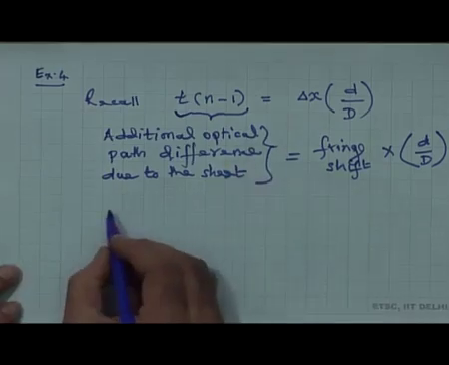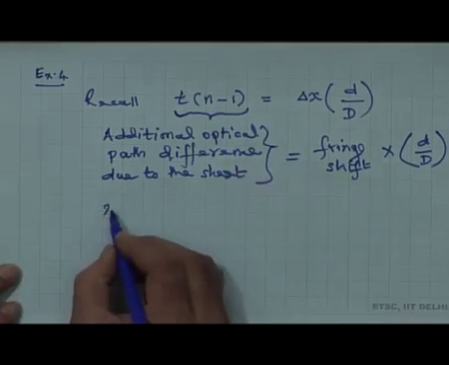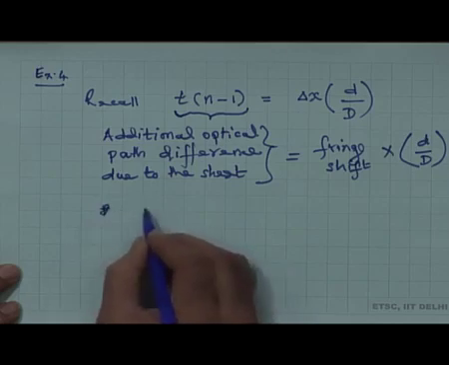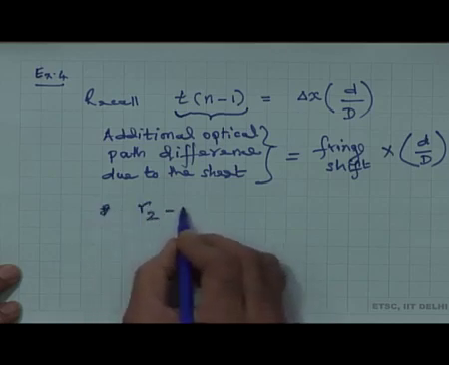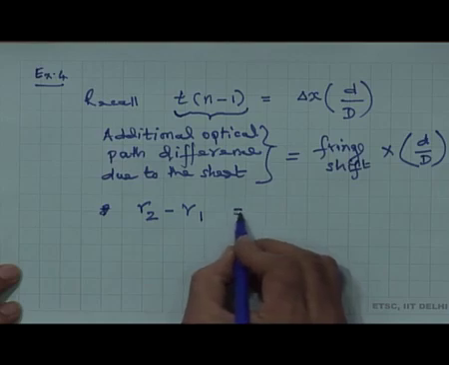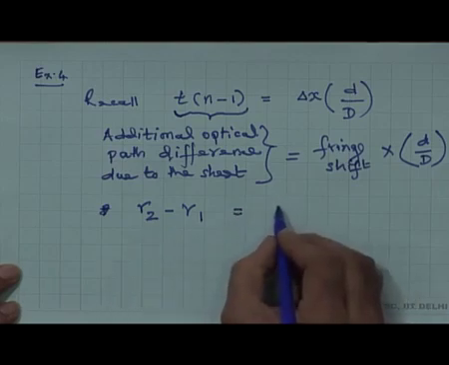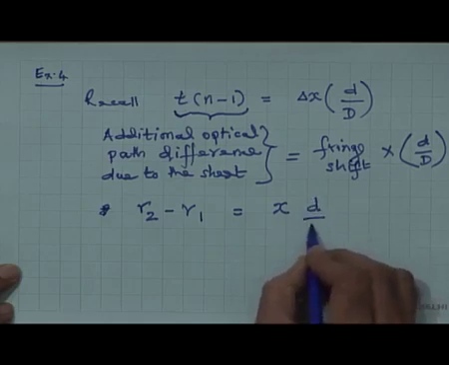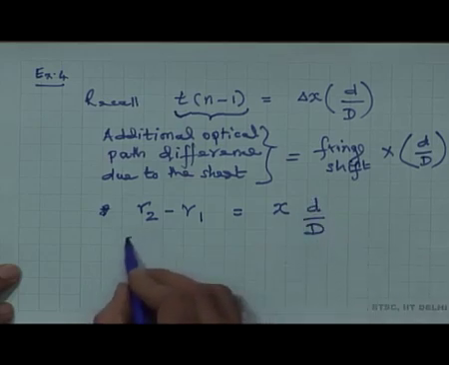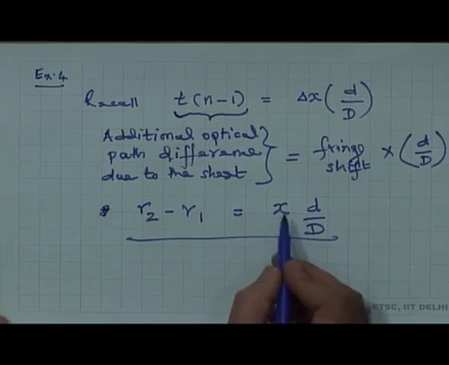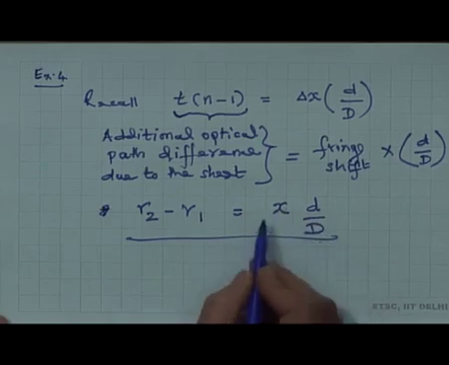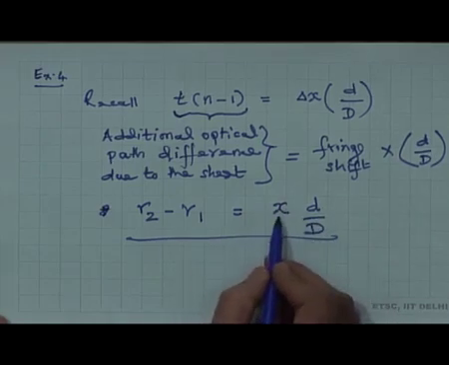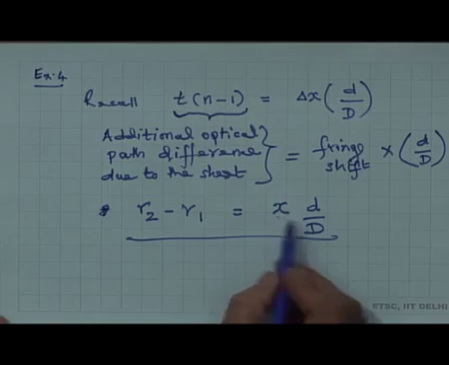We have derived that the path difference R2 minus R1 at a point P whose coordinate is x is equal to x into d by D.